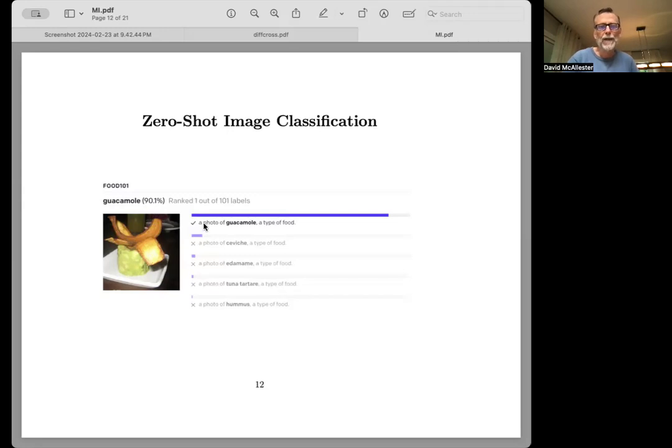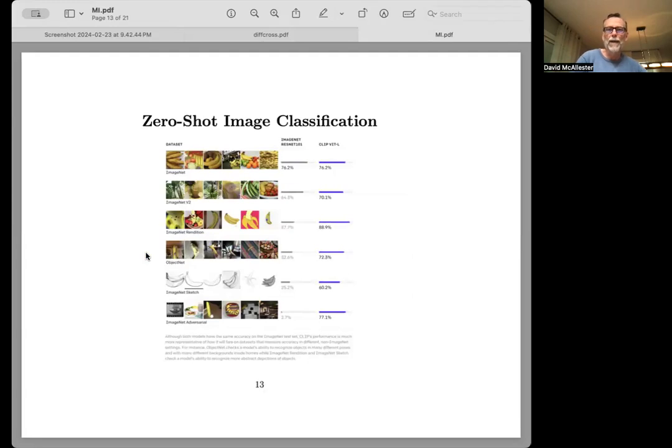This is a photo of guacamole, a kind of food. This is a photo of ceviche, a kind of food. And this text gets the highest score relative to this picture. This would predict this text among these texts for this picture. So you can classify arbitrary problems.